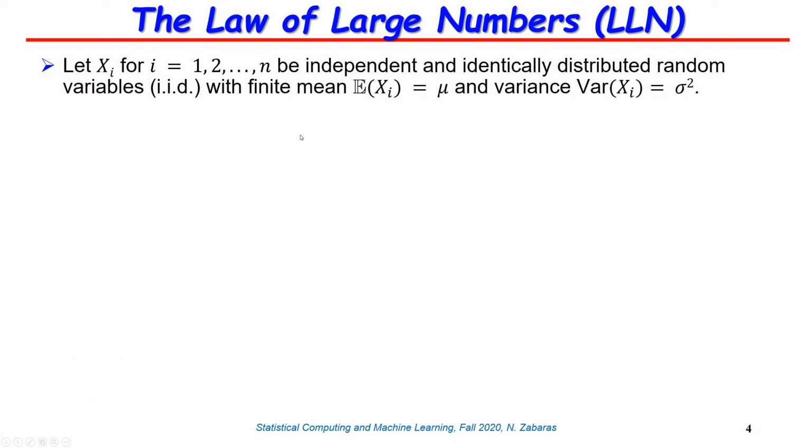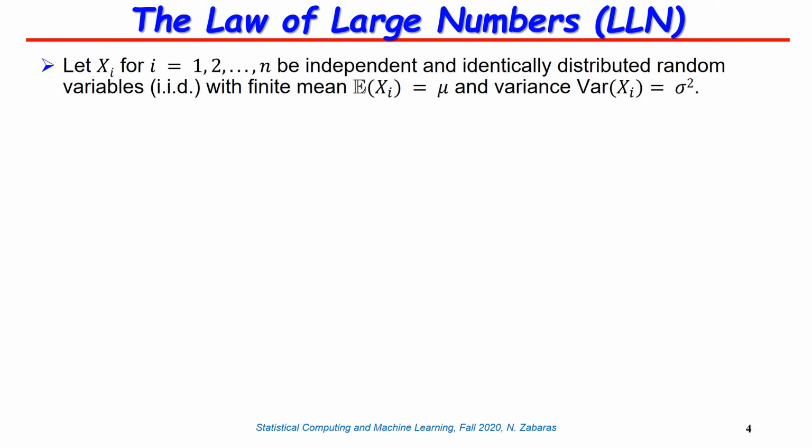So let's consider that we have samples xi, or random variables, drawn independently from a distribution that has some mean mu and some variance sigma square. Considering these samples as random variables themselves, the expectation of xi is mu and the variance of xi is sigma square.